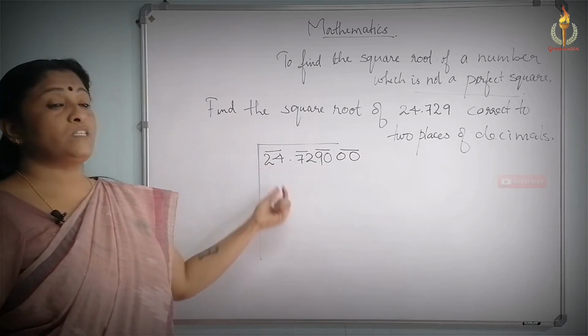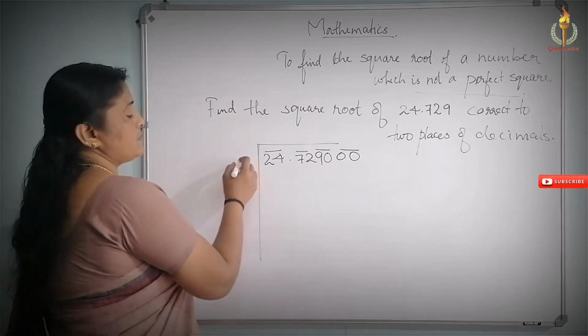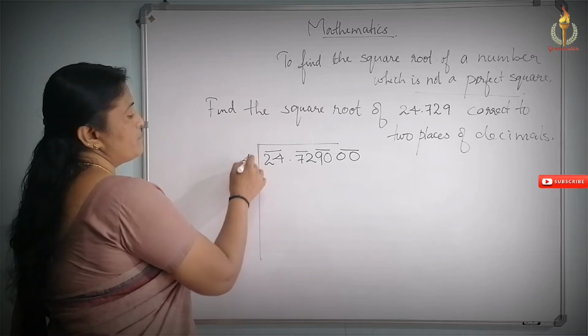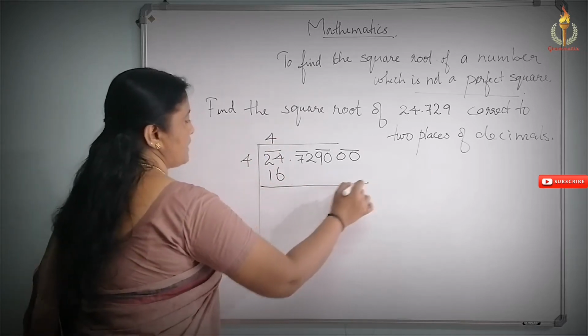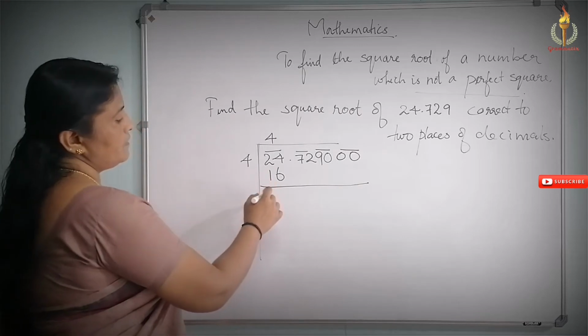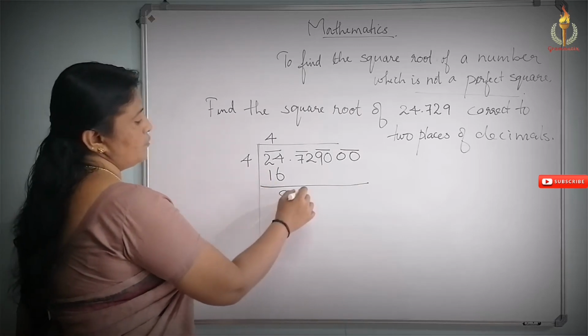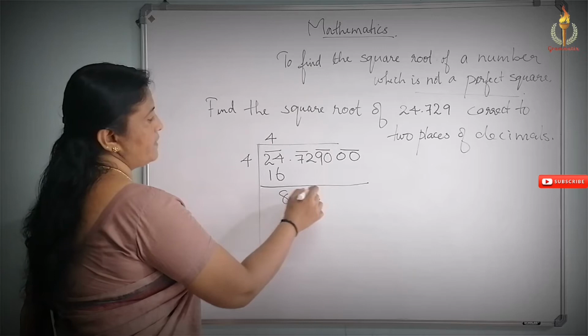So first term is your 24. So 4 4s are 16, subtracted, 8. You just put the other 2 and bring it down.